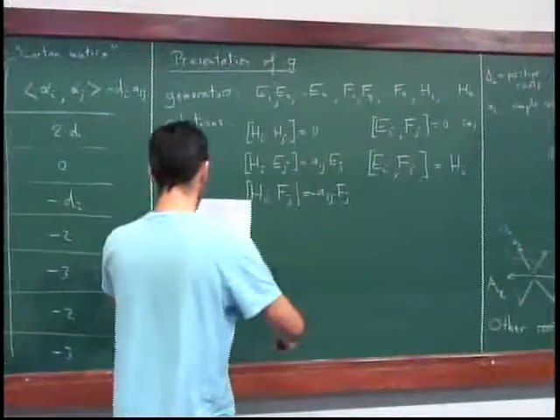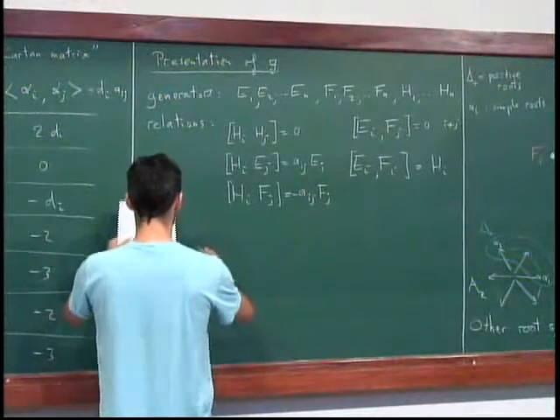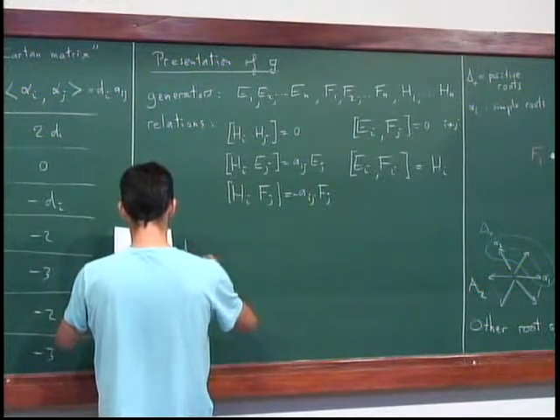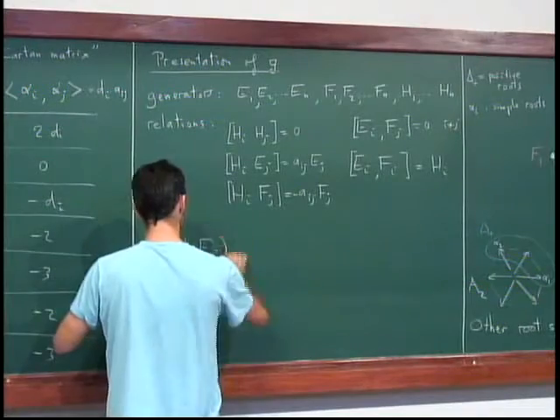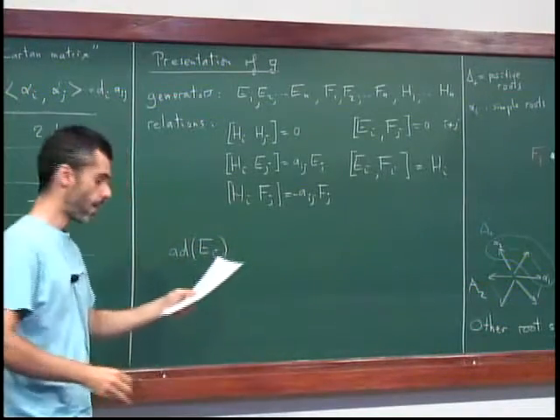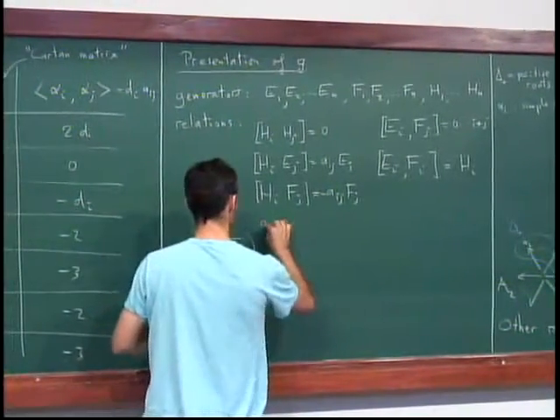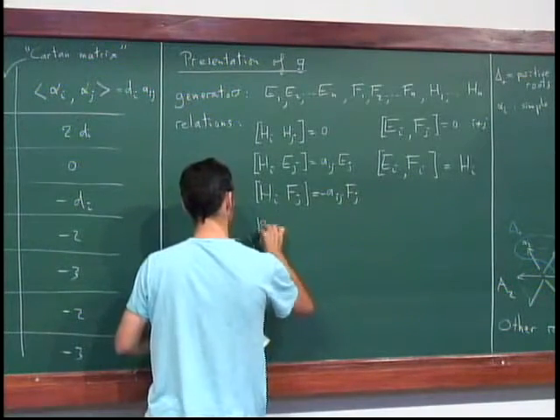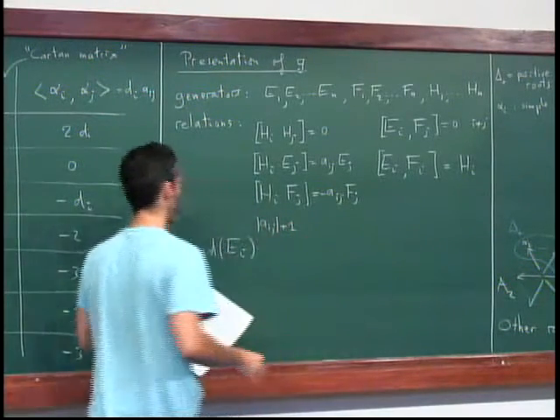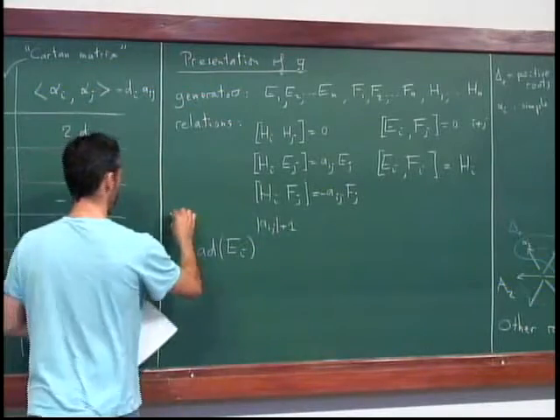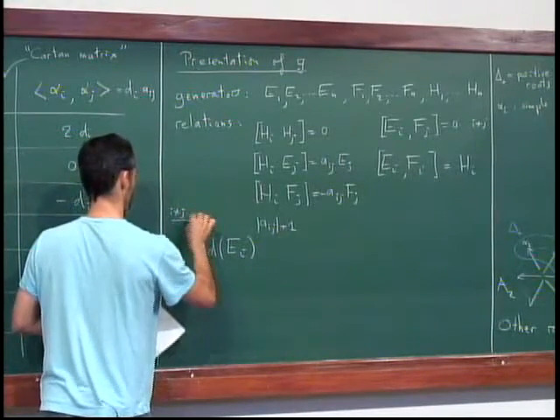And then finally, we have two slightly more complicated relations. If I take the operator of bracketing with Ei, and I apply it |Aij| plus 1 times, so now i is different from j.